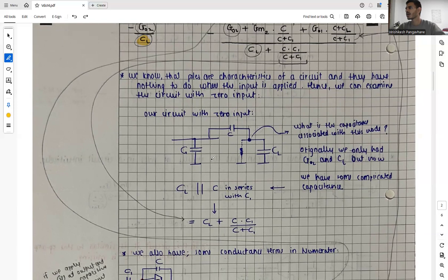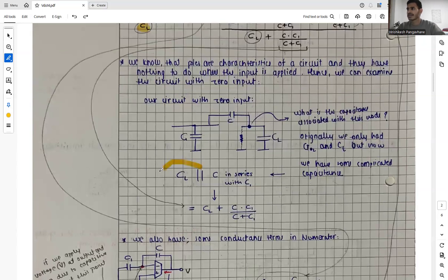And over here, what is the capacitance associated with this node? So this is our question. Originally we had only GO2 and CL, but now we have some capacitance which is somewhat complicated, and which is basically CL in parallel with some capacitance which is C in series with C1.